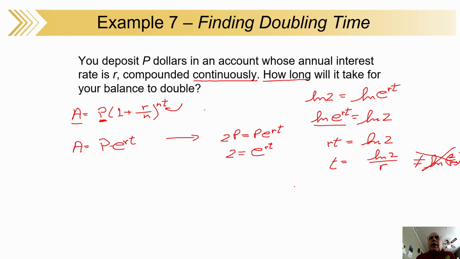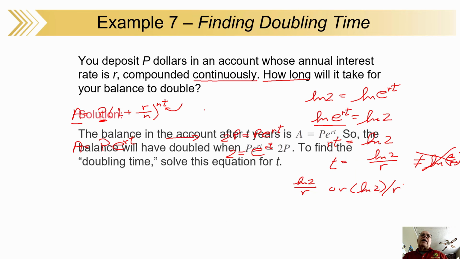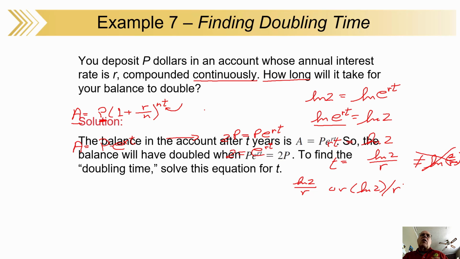So either make it a fraction and make sure it looks like this, or if you had a TI-83, for example, you could write it like that too. And you solve that, you can find out how long it takes.